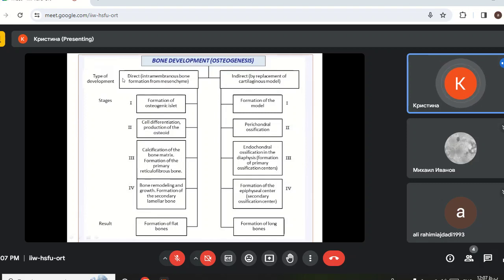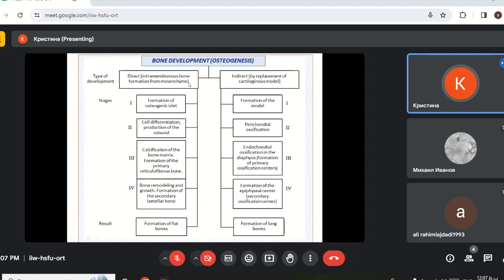The direct means that the bone here develops directly from mesenchyme. Indirect means that from mesenchyme first the model of the future bone is formed from the cartilage tissue, and then the cartilage tissue is gradually replaced with the bone tissue.